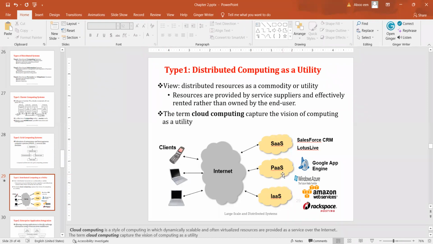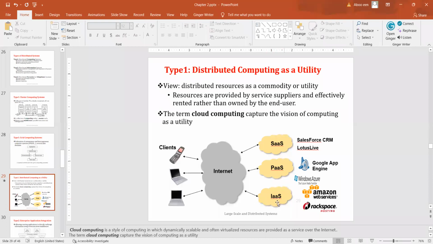And platform as a service. Platform as a service means they can provide a computing platform as a service to the users. So computing platforms, storage capacities, that kind of platform. And infrastructure as a service: IT infrastructure, storage capacities, databases, some kind of processing.